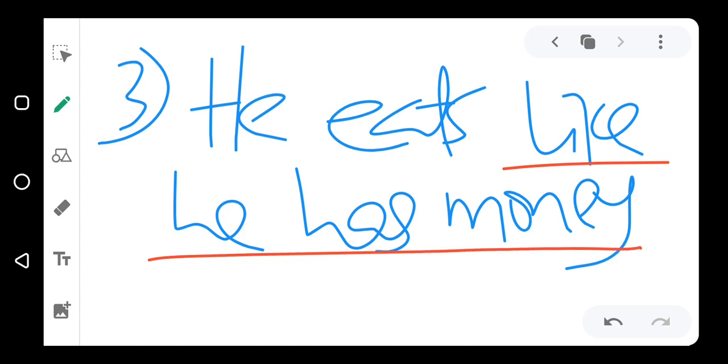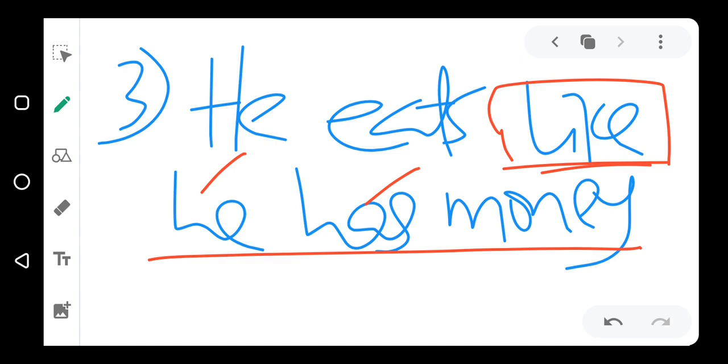Now, it has a subject and it has a verb. So we are concluding that this part of the sentence is a clause. Now it has a marker, like, and this is a marker for adverb of manner.